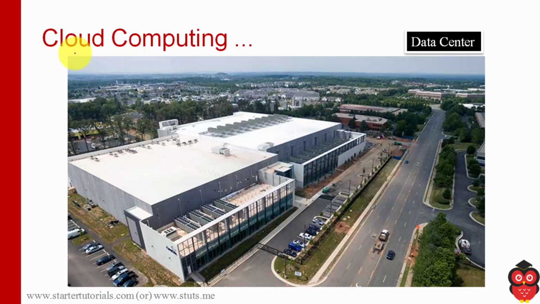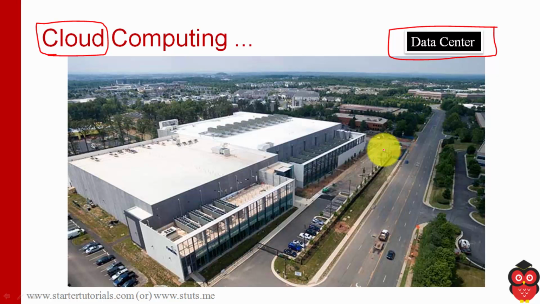Before going into further details, let's look at what this cloud in cloud computing is. The thing you are seeing in the picture is a data center, one of the data centers that are there across the world. There are hundreds of data centers across the world.